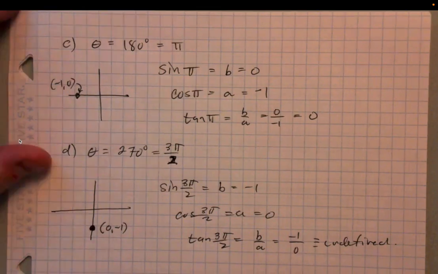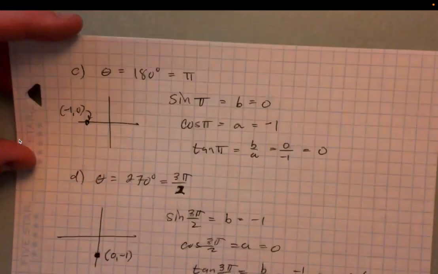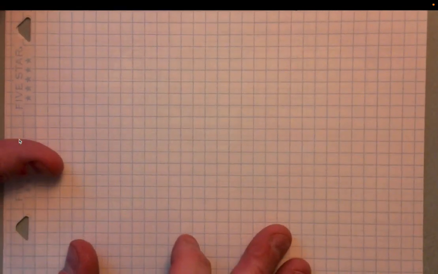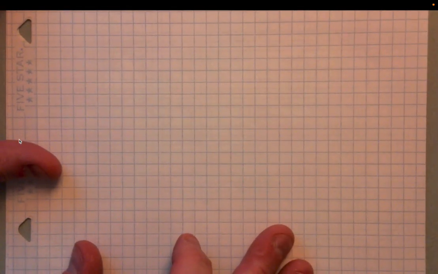So what we're going to do next is, this definition that we've just been using appears to be confined to just the unit circle. But this can actually be extended very easily to include points anywhere in the plane. And what is actually the case is that the unit circle is a special case of what I'm about to show you.